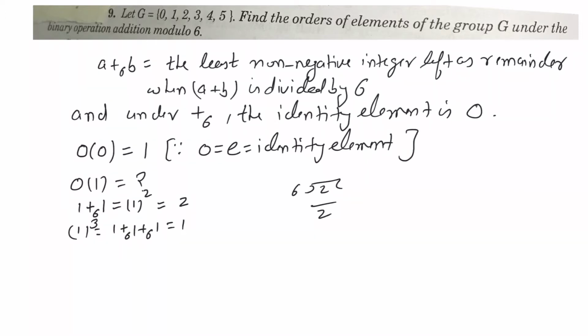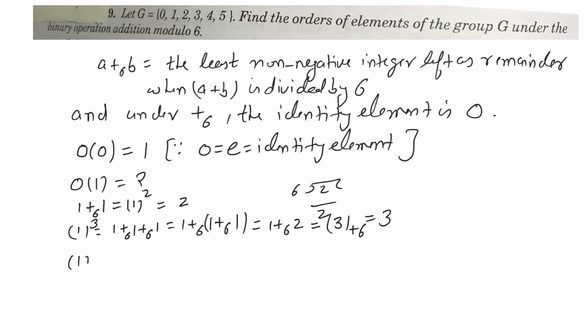Now we have to follow the associativity principle because it forms a group, so I am using this associativity. 1 plus 1 is 2, so I am writing here 1 plus6 1 is 2, and 2 plus 1 is 3, and this is equal to 3.